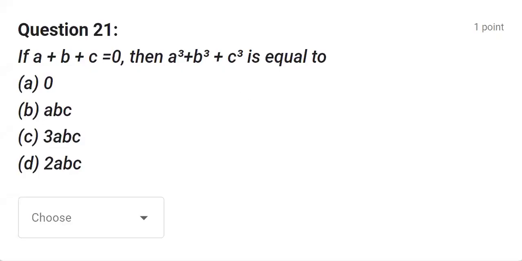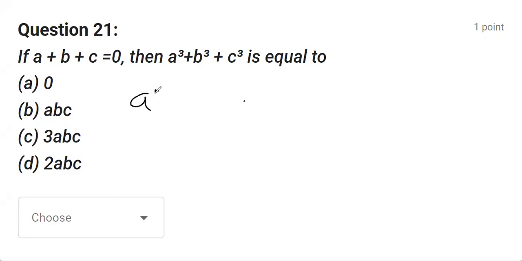This is a direct question based on application of an identity. We should know that if a plus b plus c is 0, then a cube plus b cube plus c cube is 3abc. It has actually come from the 8th identity.